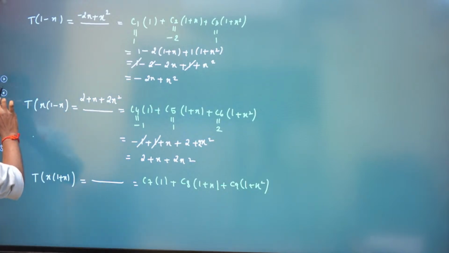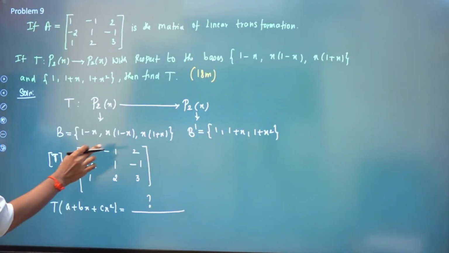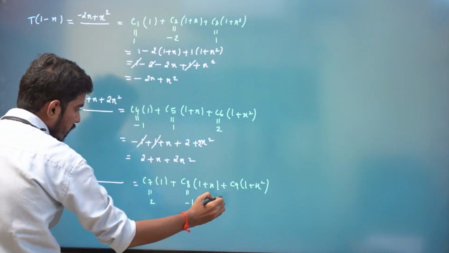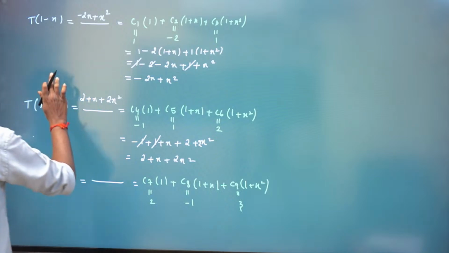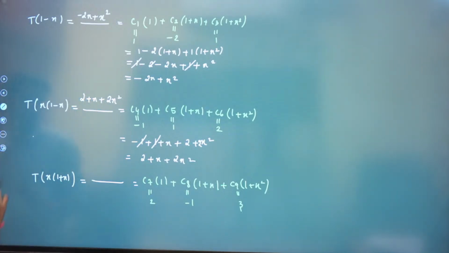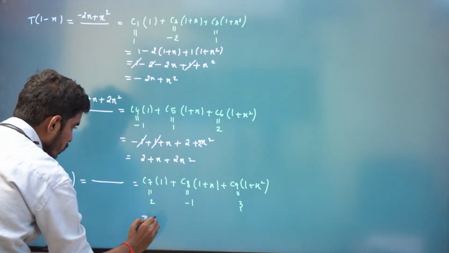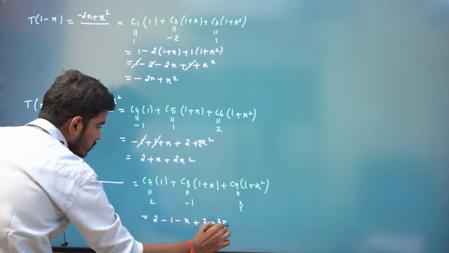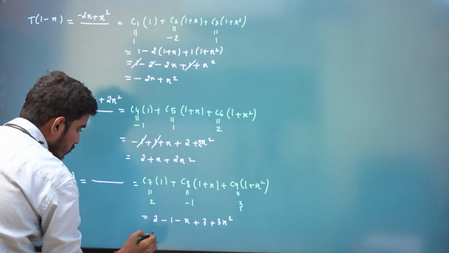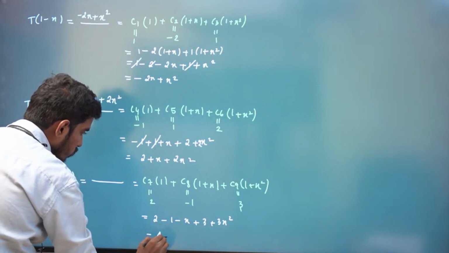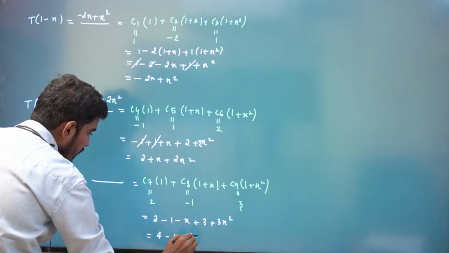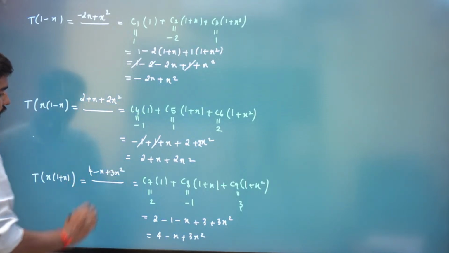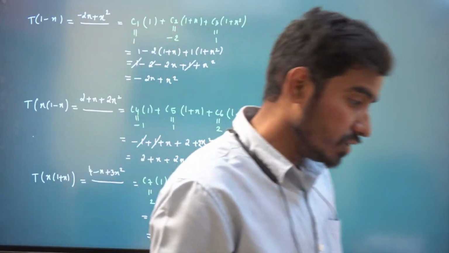And we know the third column in our matrix of T is 2, minus 1, 3. So this has to be 2, this has to be minus 1, this has to be 3. So you have 2 minus 1 minus x plus 3 plus 3x square. So 2 minus 1 is 1, 1 plus 3 is 4. So 4 minus x plus 3x square is the output for x into 1 plus x.